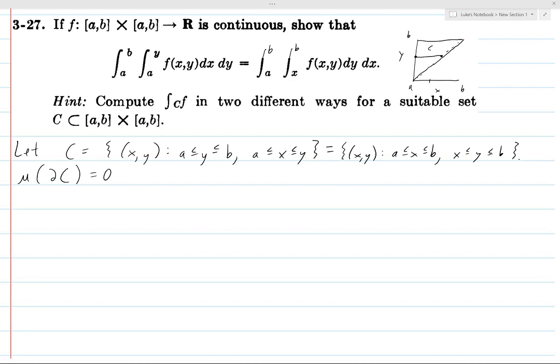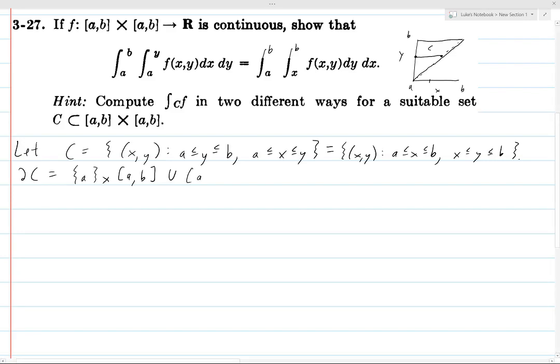The boundary of C is the boundary of this triangle. On the left-hand side, you consider x equals a and y ranges from a to b, so it's x is a crossed with y going from a to b. And then you've got the horizontal line on top of the triangle, where x ranges from a to b and y is fixed at b.